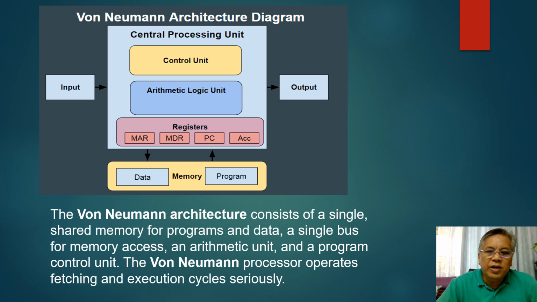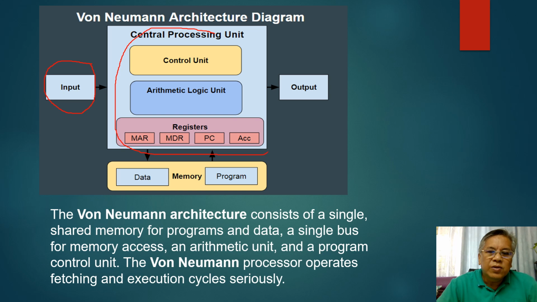So what we have here is the von Neumann architecture diagram. This is very familiar to you. We have the different parts of the diagram. We have the input device here. You have the central processing unit.